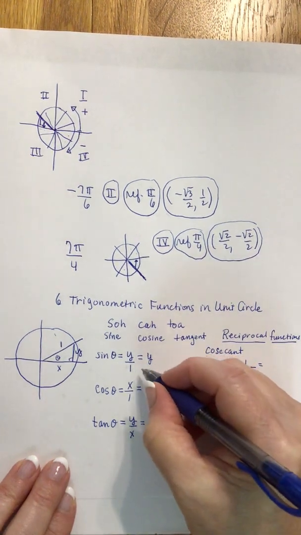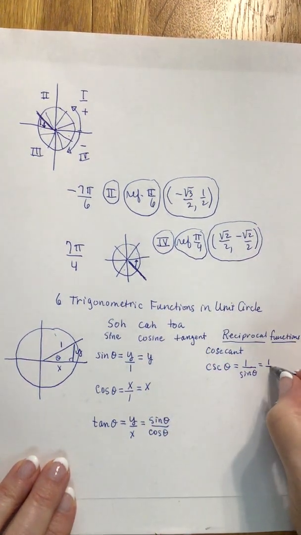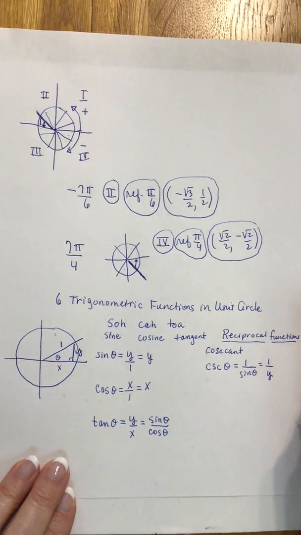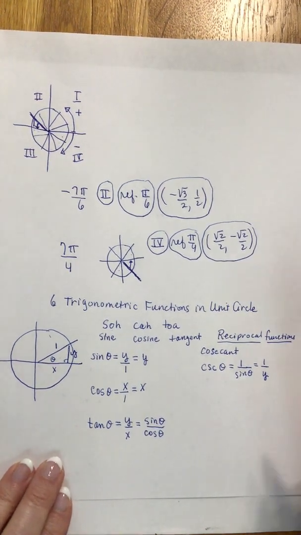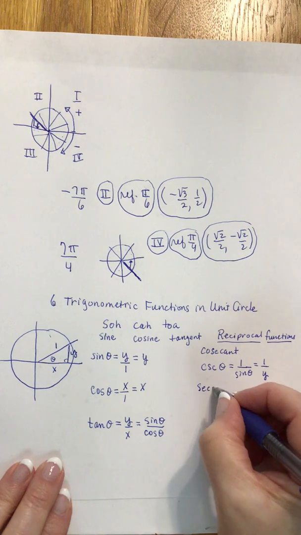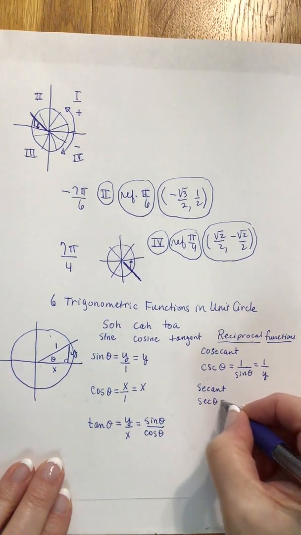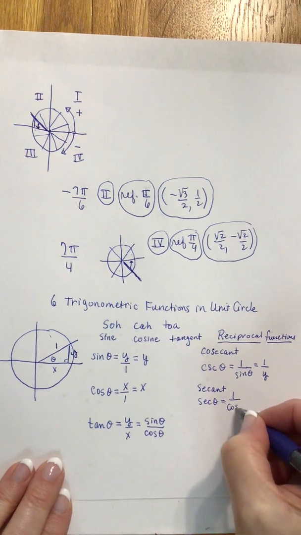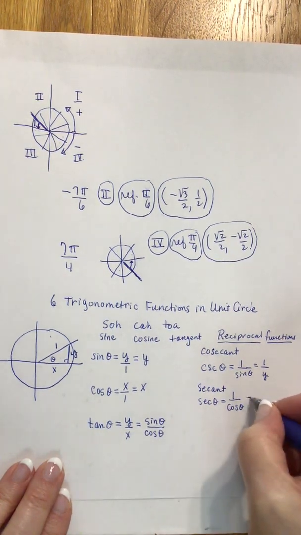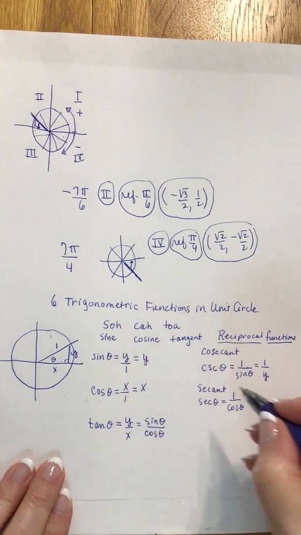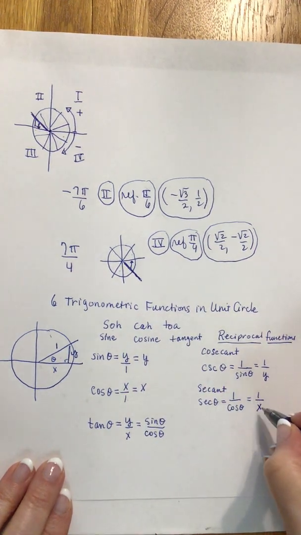So the sine is y over 1, so cosecant's going to be 1 over y. Next one is secant. SEC theta is 1 over cosine theta, which we know cosine is x over 1, so its reciprocal will be 1 over x.